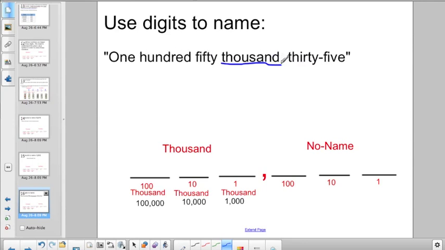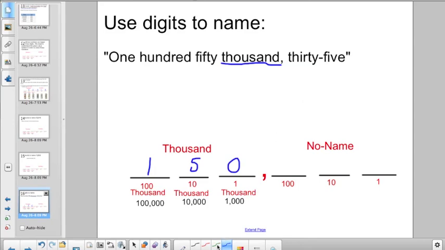I'm only looking on the left side of this comma here. So how do I write 150? 150,000. If there's a comma after the word, there's a comma after the number.